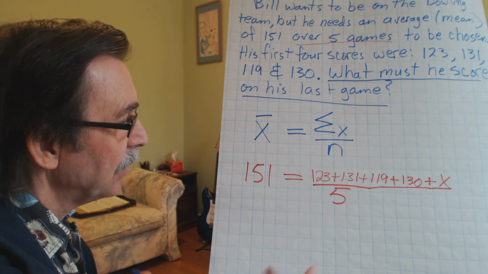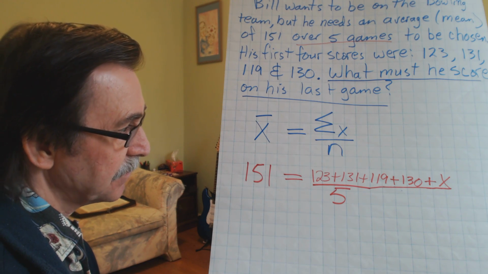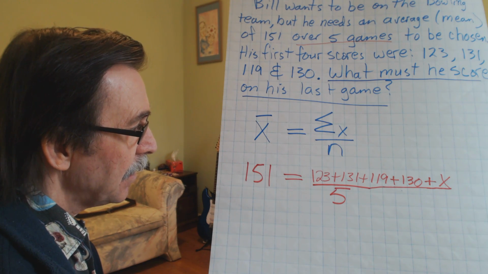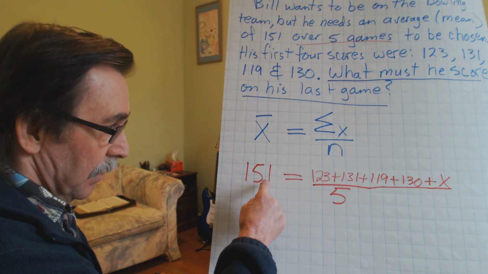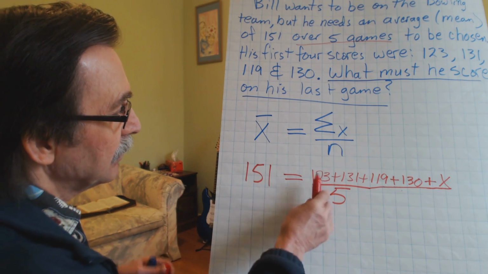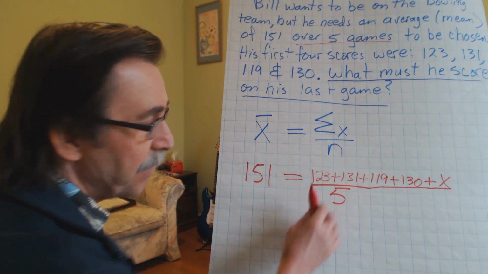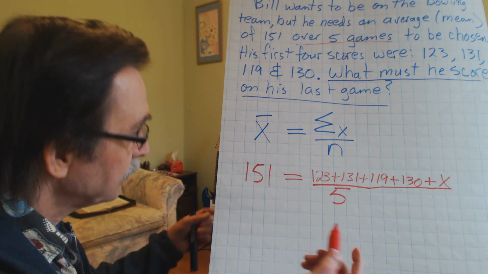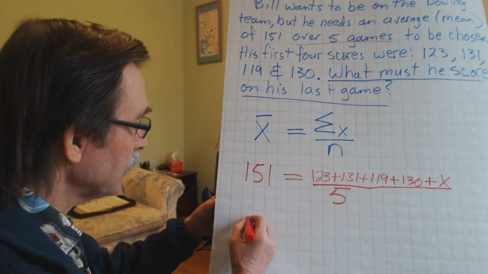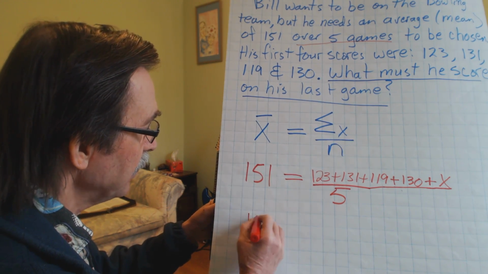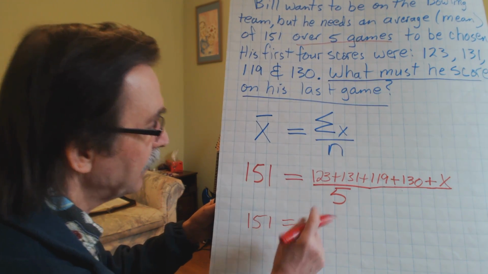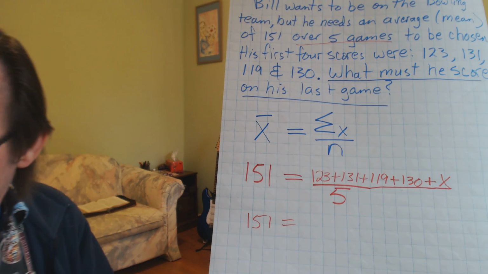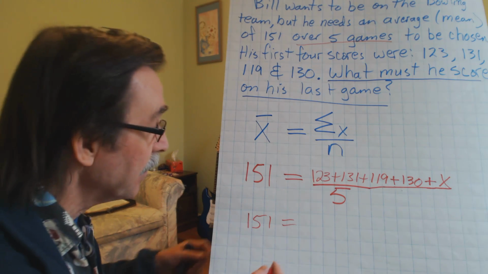So what we'll do is we'll simplify this. How are we going to do that? Well, let's take all these four numbers and turn them into 1. So we still have 151. Now if you add these up, I believe you get 503, if I'm not mistaken. Yep.